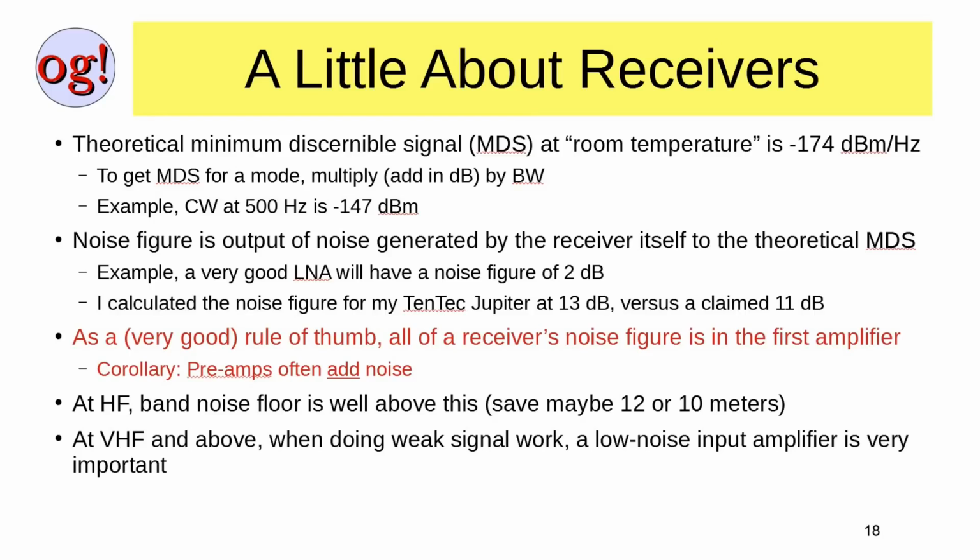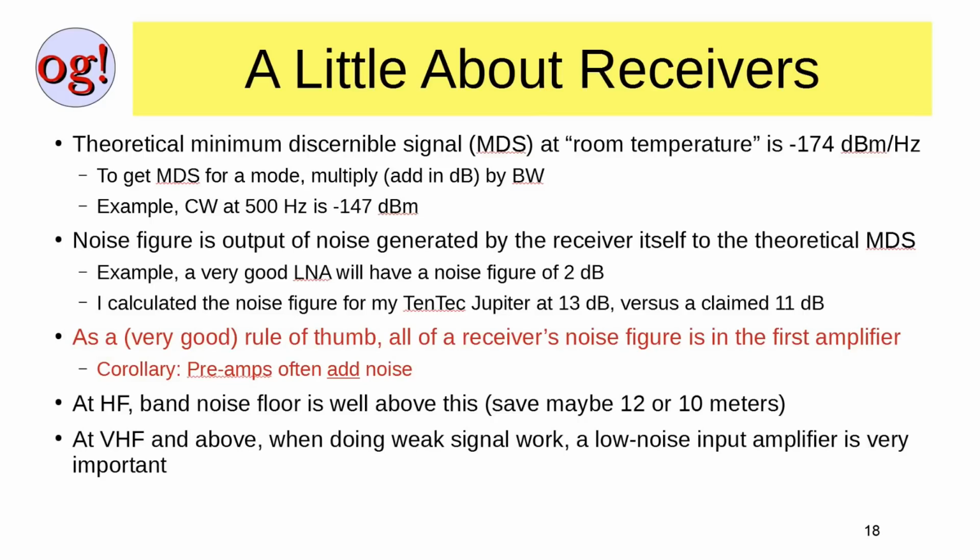So to get an MDS for a mode, you have to multiply, or you can add in dB, the bandwidth. For example, CW, if you use a 500 hertz filter, you're letting in a total noise power of minus 147 dBm. Now understand that's minuscule. It's really, really tiny, but it is noise.